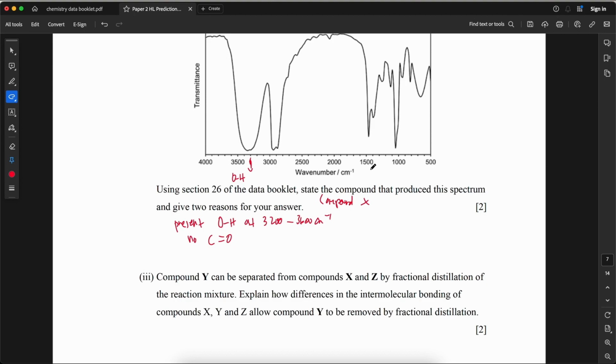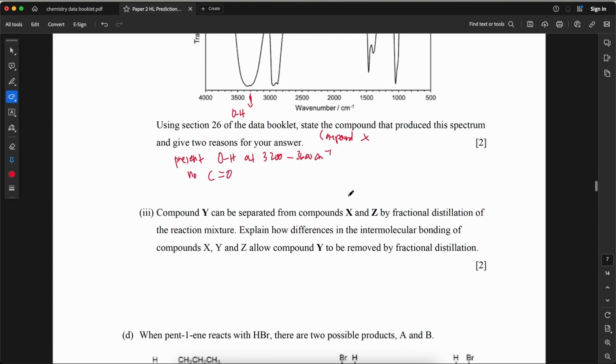There is no carbonyl present, so that's why it's compound X.